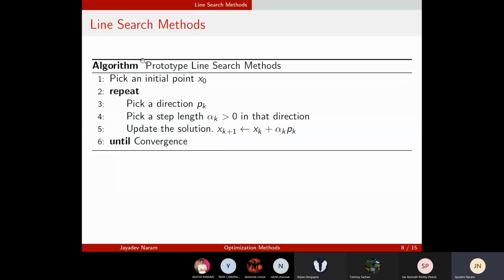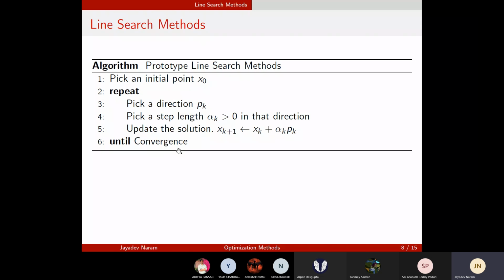So what is a line search method? This is a prototype of any line search method; a vast variety of line search methods fit into it. The setup is that we are given an initial point, and at each step we pick a direction p_k, and also a positive step length alpha_k in that direction, and then we update our solution by that step. We repeat this until some notion of convergence is reached.